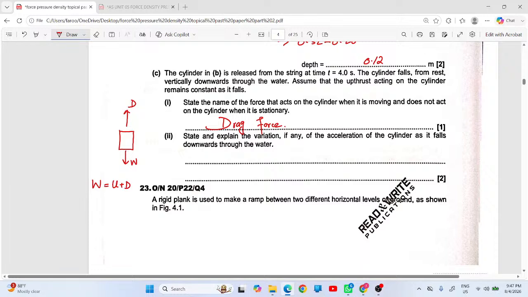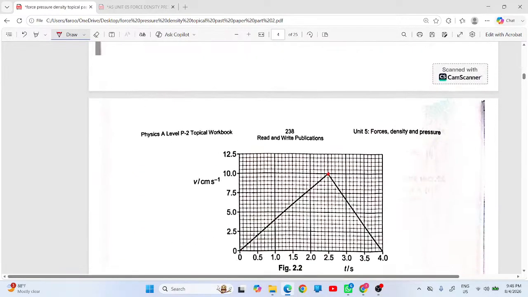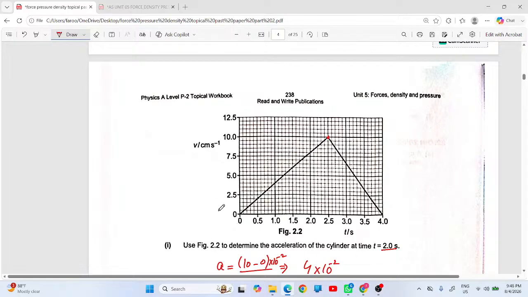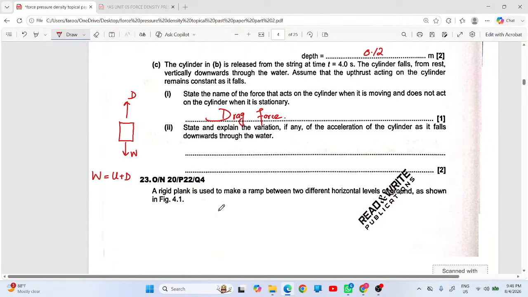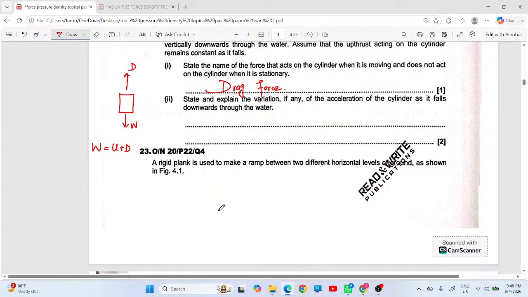State and explain the variation, if any, of the acceleration of the cylinder as it falls downward through the water. जी बच्चे, स्पीड तो इसकी इंक्रीज हो रही है ना. इसमें यही लग सकता है ना फोर्स. या अगर हम चेक करें, the net force, the resultant force will be weight minus upthrust plus drag.